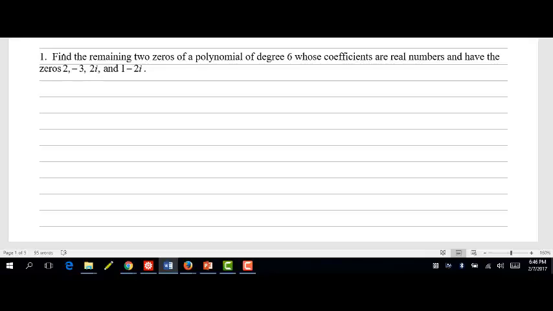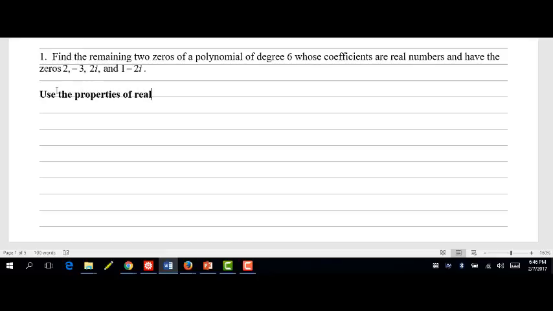So the first thing we want to do is remember the fact that every nth degree polynomial has n zeros. So this is a 6-degree polynomial, and we only have 4 of the zeros. So there are 2 more zeros.